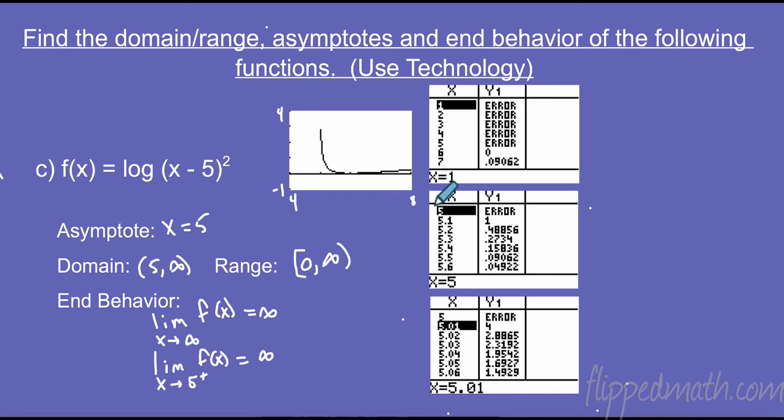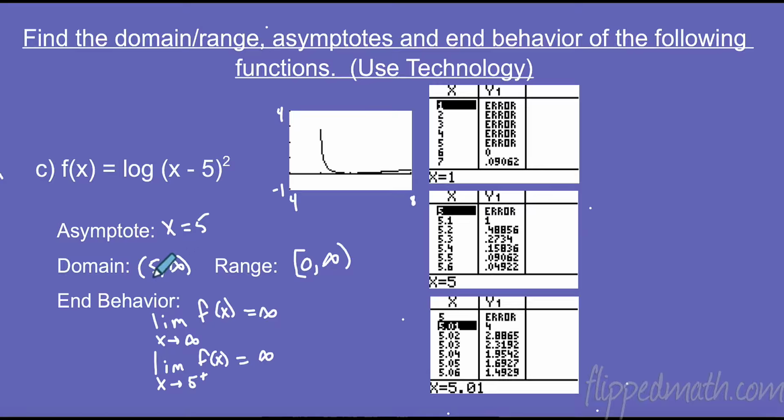So I changed my table to 0.1, so it only went up 0.1. And you can see, as I got closer and closer to 5, these values went up. 5.1 is about 1. So I changed it again to 0.01, and it kept going up. So this is actually an asymptote, and that's how I can tell. My asymptote was x equals 5.